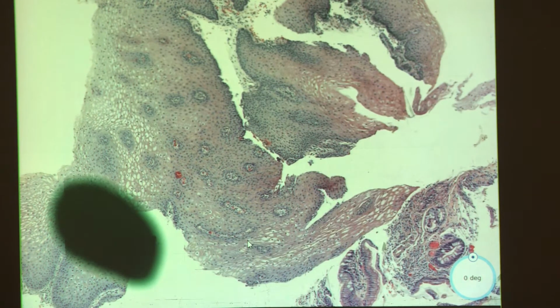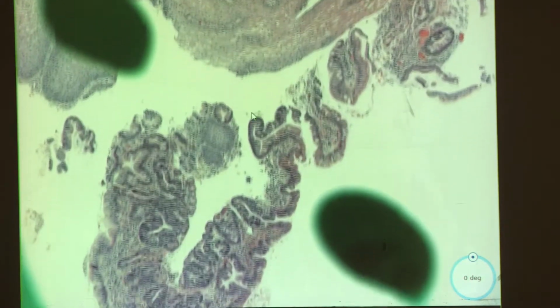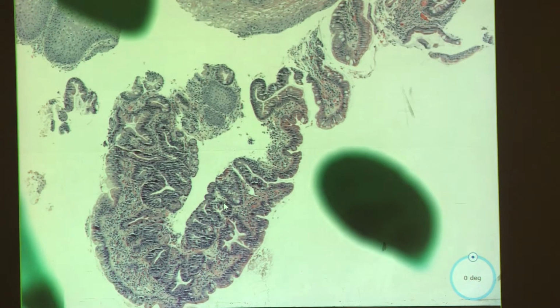Obviously with these cases, they don't give us the endoscopy side of things, so we have to interpret that. But this level of intestinal metaplasia in the esophagus, presuming they're above that 1 centimeter threshold, would be consistent with Barrett's.